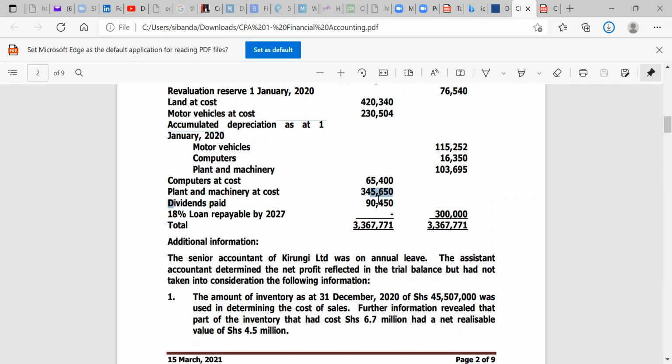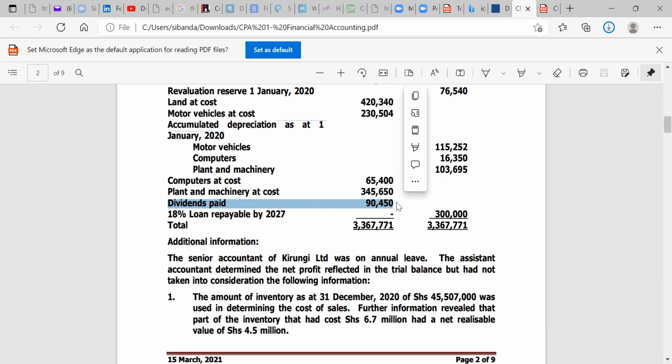Then they also give us what we call dividends paid. Dividends paid, what these represent, businesses, especially corporate entities, have shareholders in them, and the return to shareholders is dividends. So dividends are deducted from profits. We pay dividends off the profits, okay?